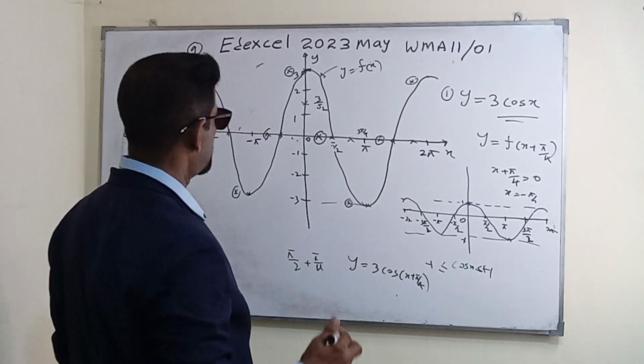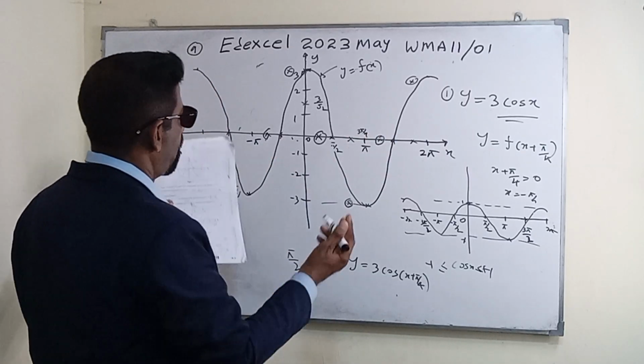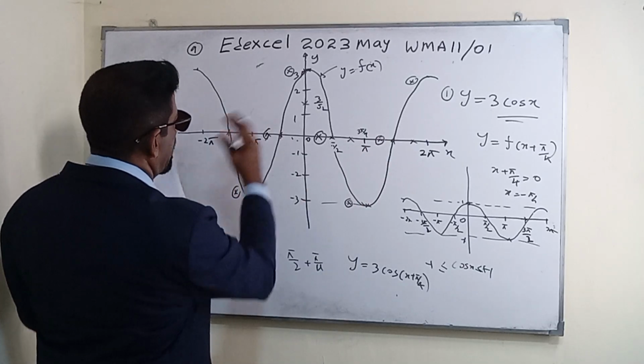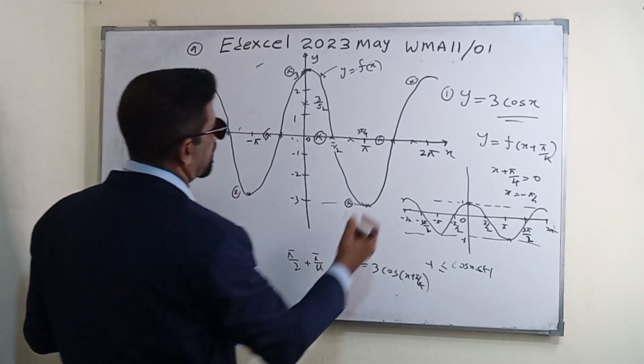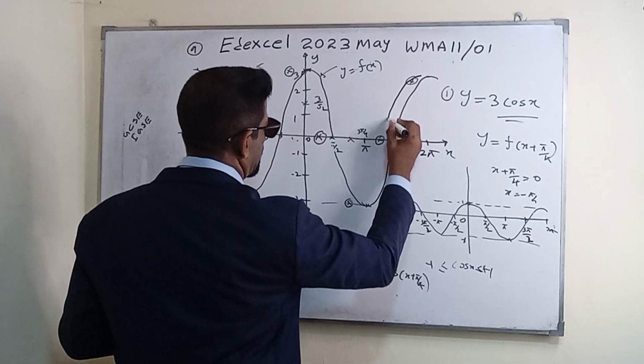I think you know this. The graph moves left by 5 over 4, and y does not change, so the graph becomes like this. You can draw a separate graph like this.